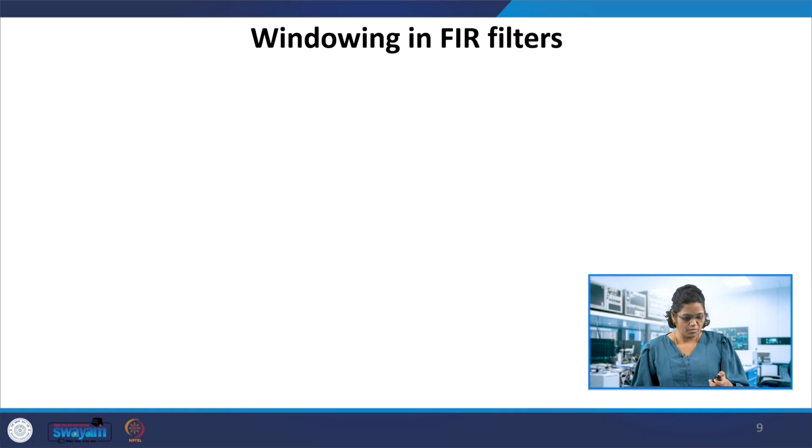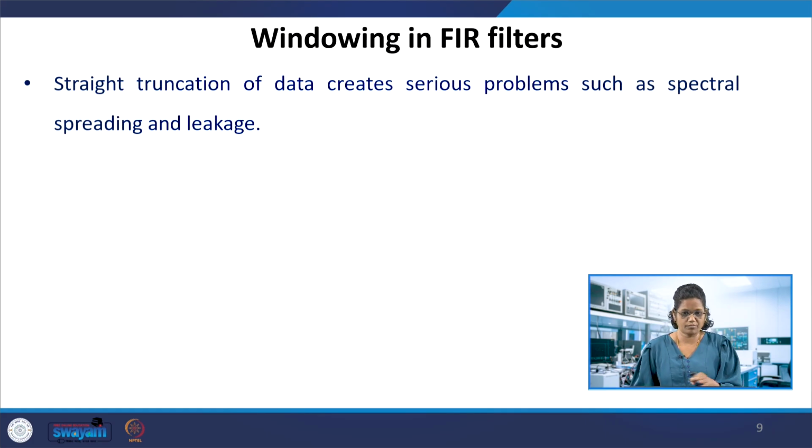When you truncate that signal, you can either sharply cut off the signal, or you can use tapering or smoothing windows, in which the amplitude is smoothly brought to zero on both sides of the truncation. Straight truncation creates serious problems of spectral spreading and leakage.